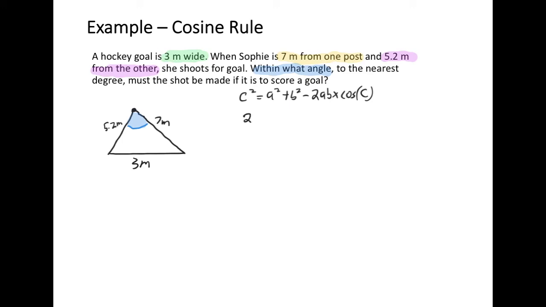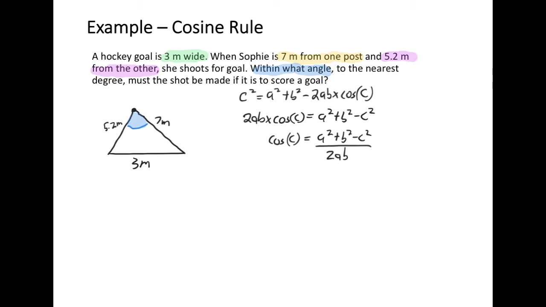So 2ab times cos of angle C is going to equal a squared plus b squared minus c squared. So my cos of angle C is going to equal a squared plus b squared minus c squared, divided by 2ab.